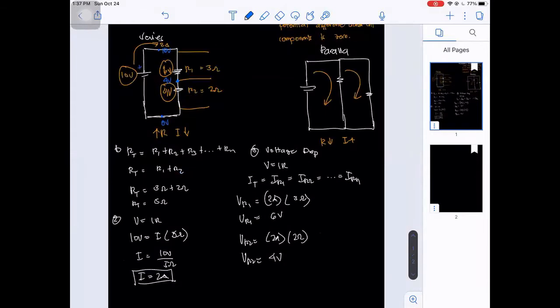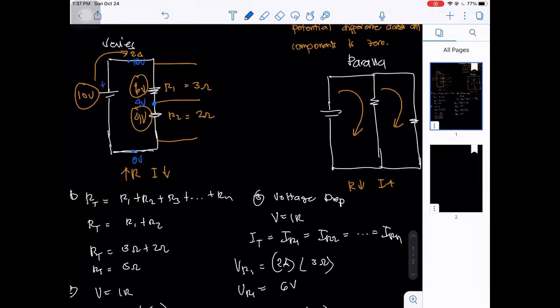Now, from the negative terminal, or from 0 volts, to the positive terminal, let's go clockwise. So we have positive 10 volts.